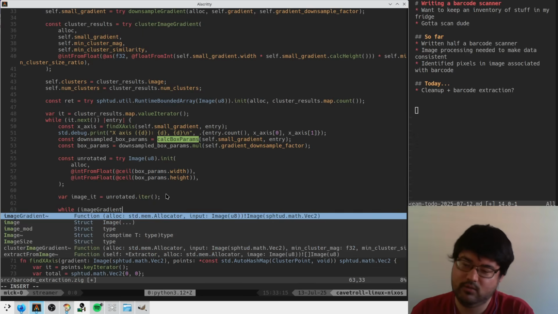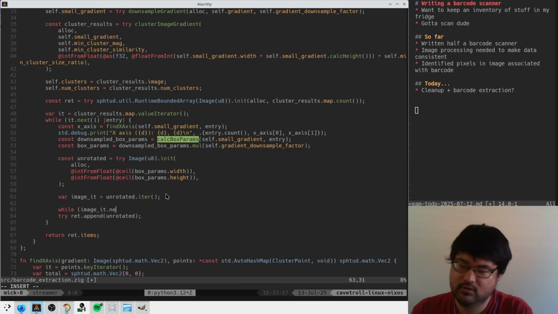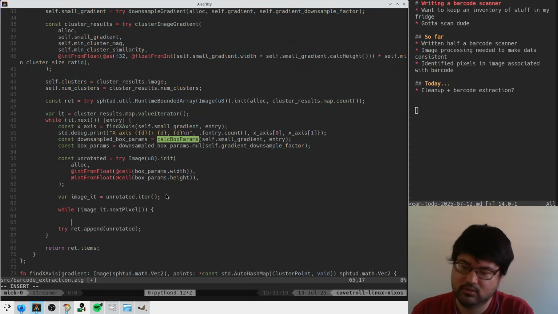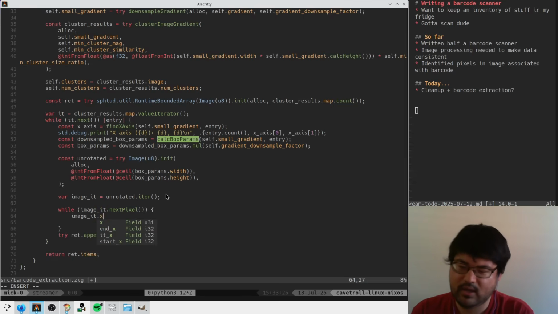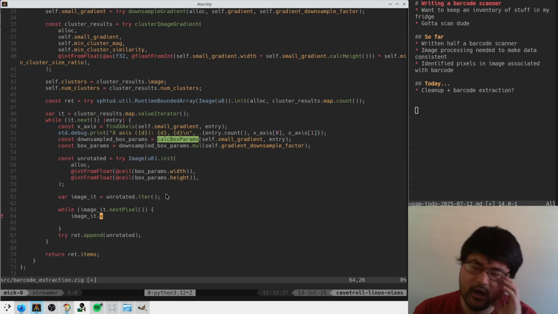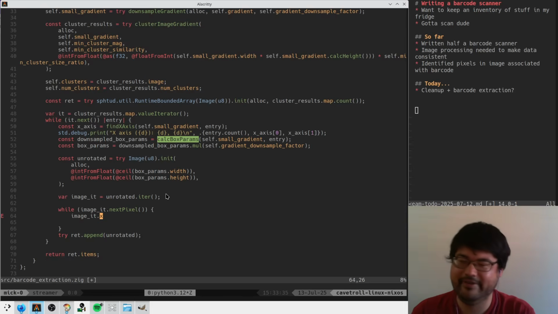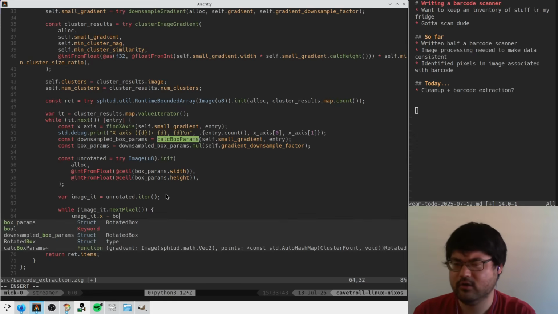While we get the next pixel, we go x here. We minus the width over 2, I think.